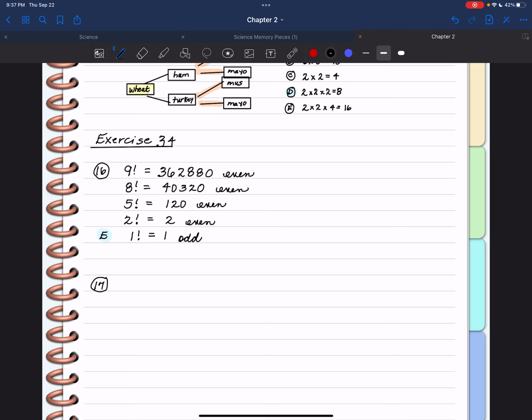So this is a little bit different type of question than the ones we've seen so far. But this is a different type of skill. This is about permutations.